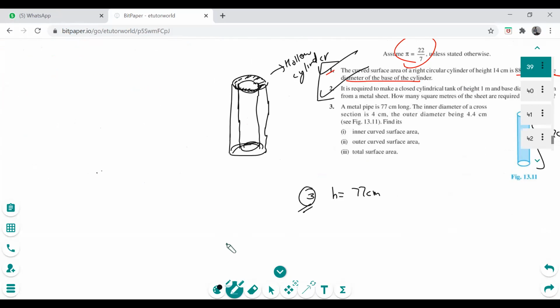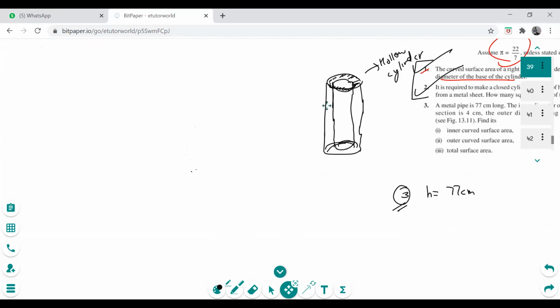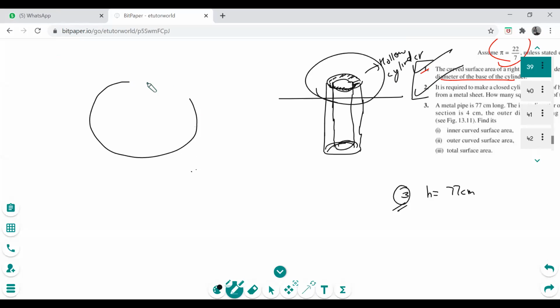So let's talk about hollow cylinder for a bit. So I have drawn my hollow cylinder here. If I draw the upper section, just the upper section, I cut this half and just draw it here. So you people are viewing it from the above part. And you can see that it will look something like this.